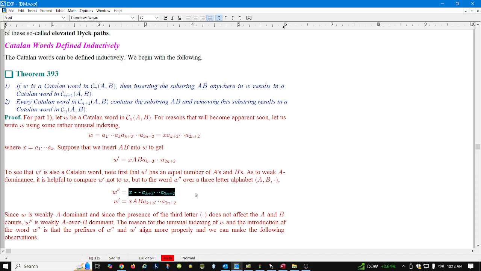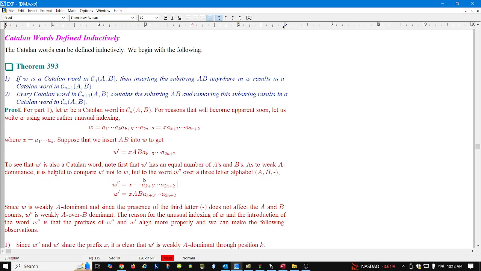There are always at least as many A's as there are B's in any position in this word, because the hyphens don't contribute to the A count or the B count. Now everything is aligned properly. Both words have the same length, and we can compare prefixes more easily. Okay.